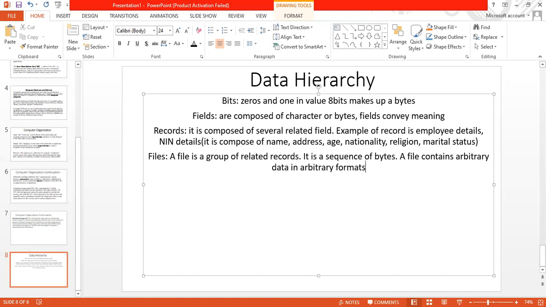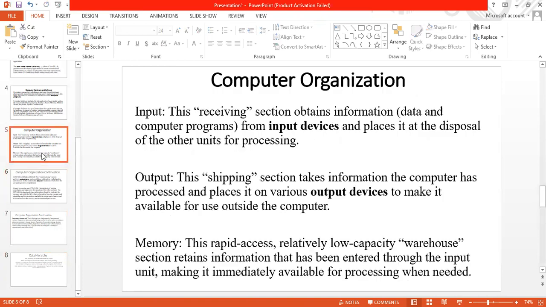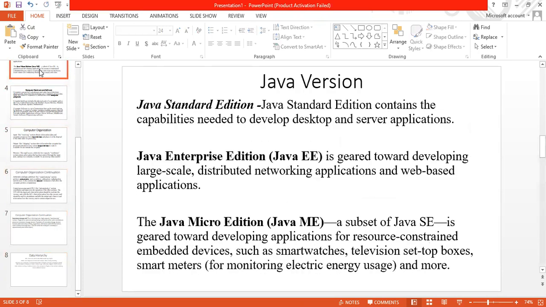Now, I am presenting to us using a PowerPoint presentation. If I save this thing, it is a file because it is composed of a group of related records. We can say this is one record, this is another one.